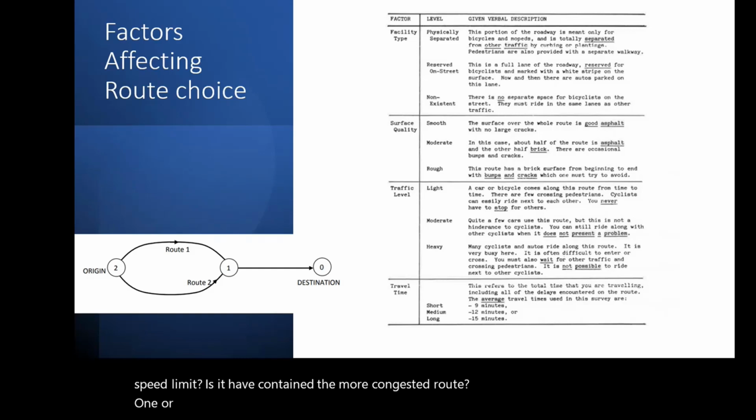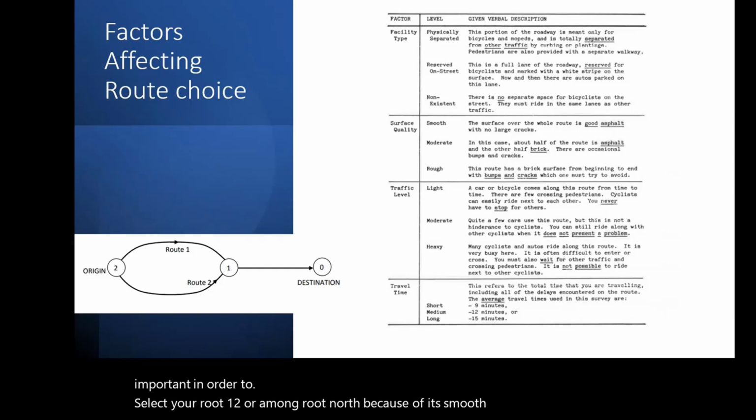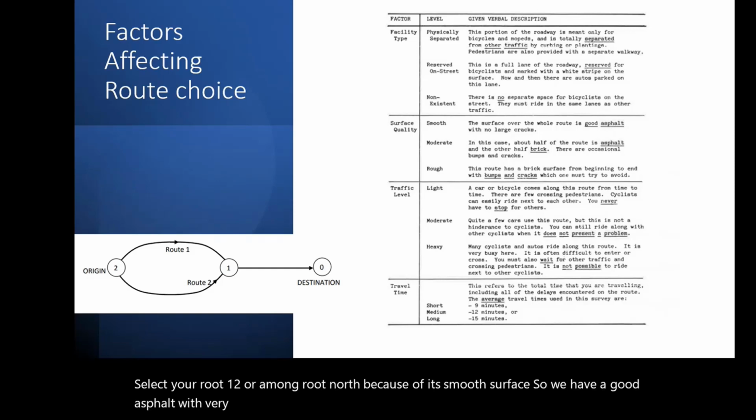The second part is about the surface quality. Surface quality is very important in selecting route 1, 2, or route N, because if it's smooth, with good asphalt and very few cracks, the speed is according to our desire.